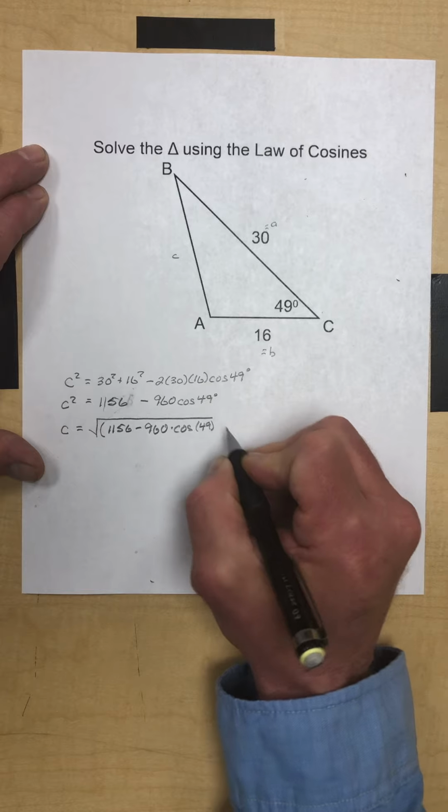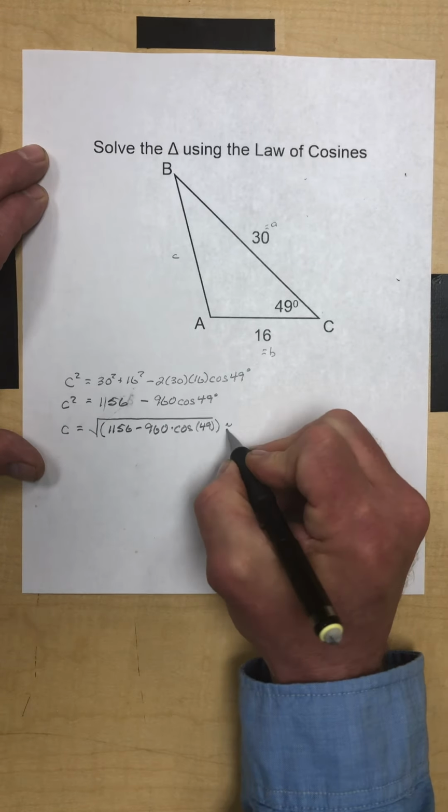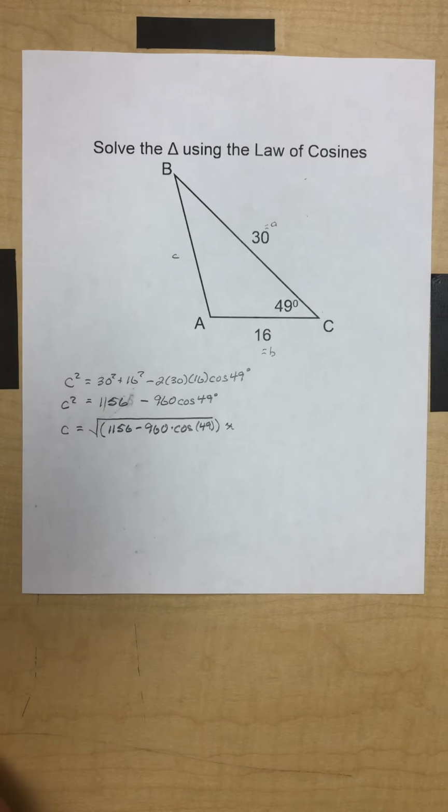So I need a second one for the 49 and then a second one for the square root. And we just punch that in there. Okay, so let's see. Second square root, parenthesis comes up, 1156 minus 960 times the cosine of 49. Second parenthesis for 49, second parenthesis for the square root, hit enter.